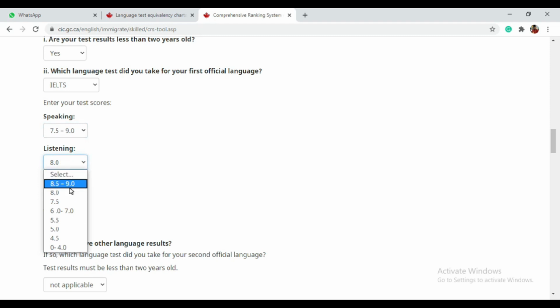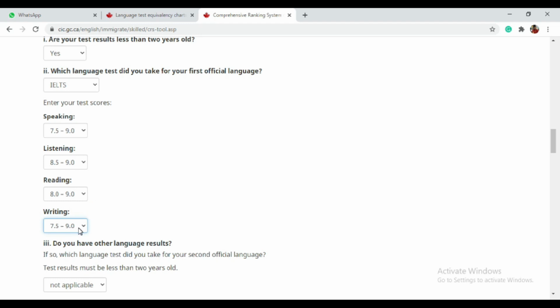So if we select the highest ones, listening tops out at 8.5. So for CLB 10, you need to score 8.5 in listening. Reading is exhausted at 8 bands, and writing is exhausted at 7.5 bands. So you can see similarity between speaking and writing.